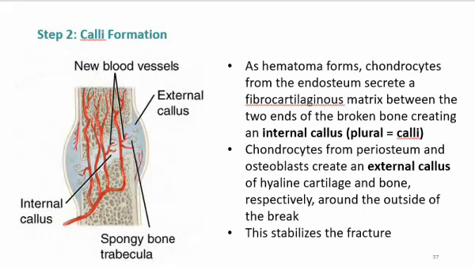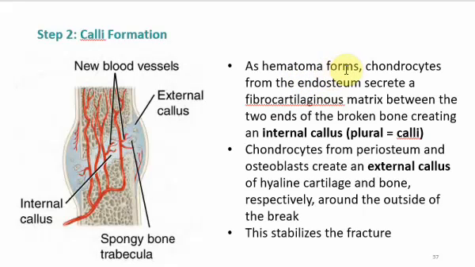Following formation of a fracture hematoma is formation of a callus, or if you want, calli. Okay, so as we say, formation of a fracture hematoma cuts off supply of blood, leading to death of cells.